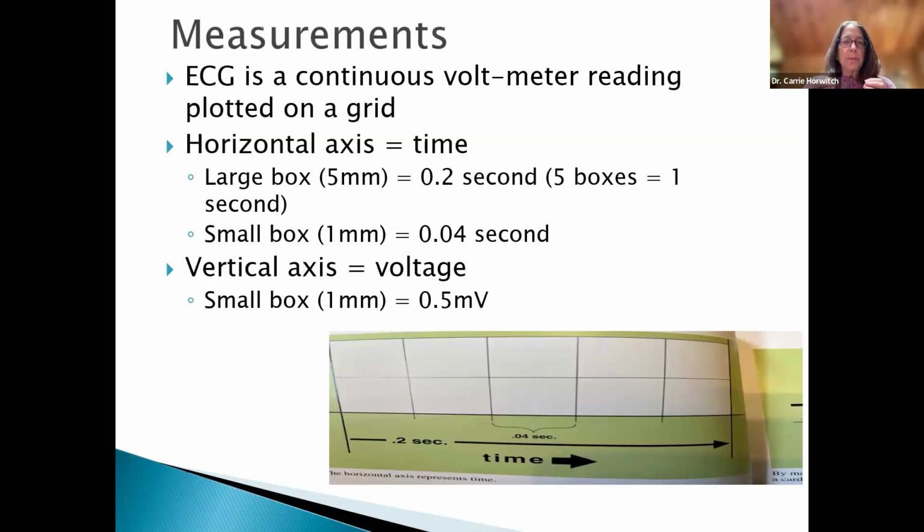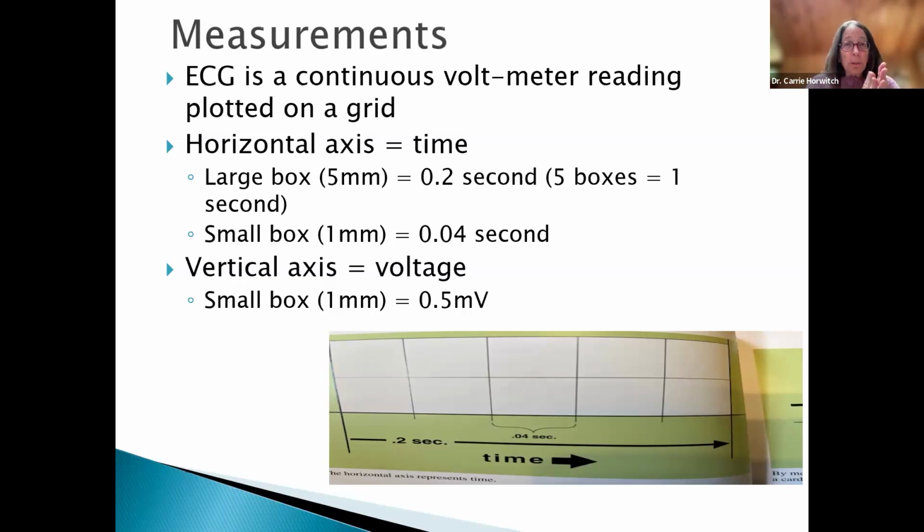It's important that you know how the measurements are done on an EKG, because that helps you to determine, is an interval too long? Is the ST actually elevated or depressed or not? On an EKG, you'll typically have one line that's a little darker than the other, and those are spaced.